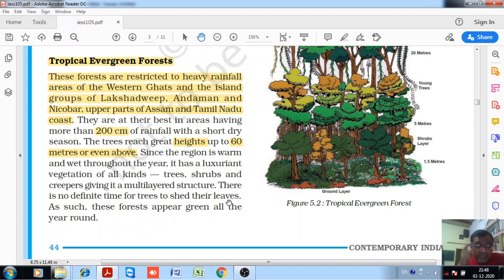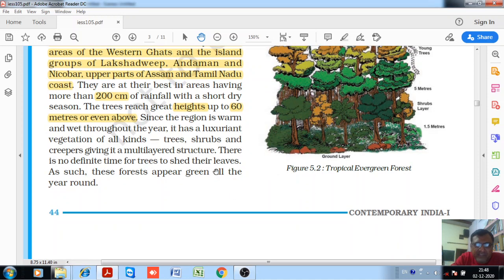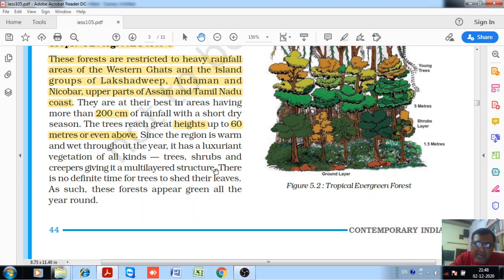As such, these forests appear green all the year round. You cannot see these forests bare or without leaves, because they do not shed their leaves altogether, and there is no distinct time period for shedding their leaves.